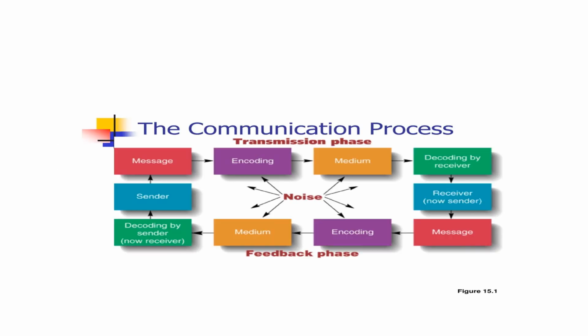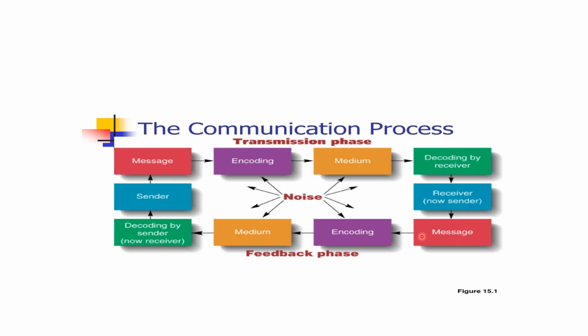Look at this picture, a simple diagram of the communication process. It's in the transmission phase here, as I have discussed. This is the message getting encoded, sent through media, which can be either verbal or non-verbal, and it is decoded, received, and the message is understood.